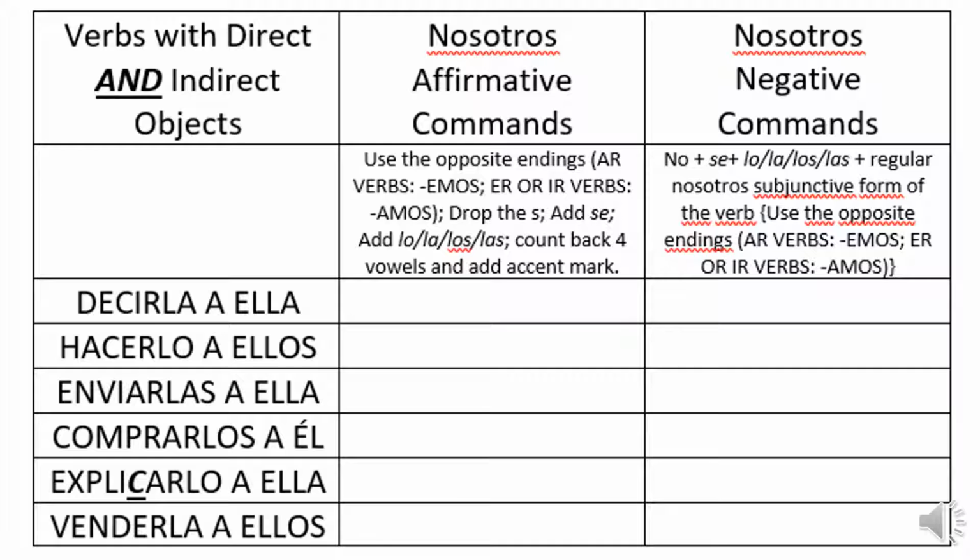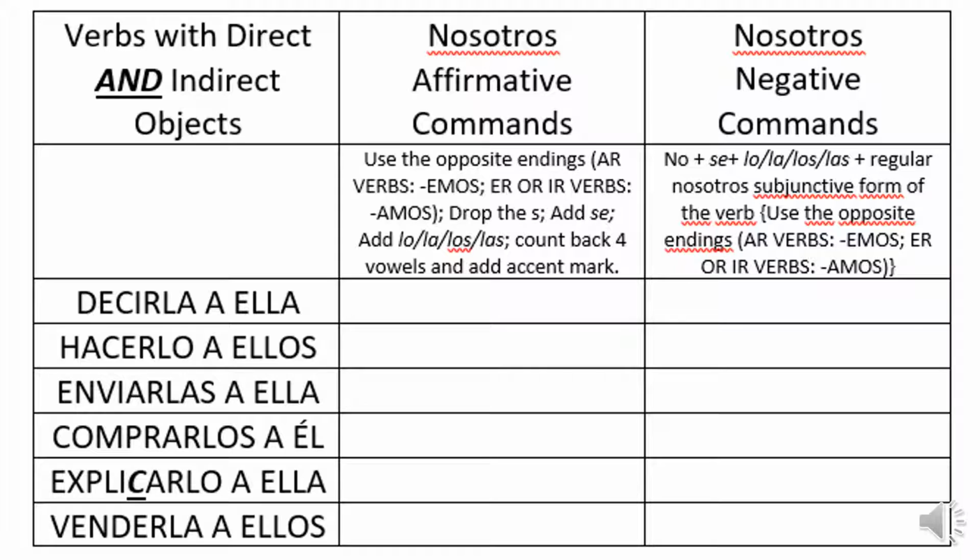So in that first example, let's tell it to her, there are 1, 2, 3, 4, 5 steps this time. So you start by using the opposite endings. AR verbs have EMOS, ER and IR verbs have AMOS. Just like the first ones we looked at today, you have to drop the S. And then you add se.